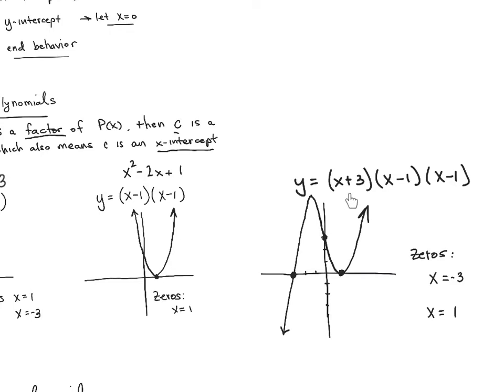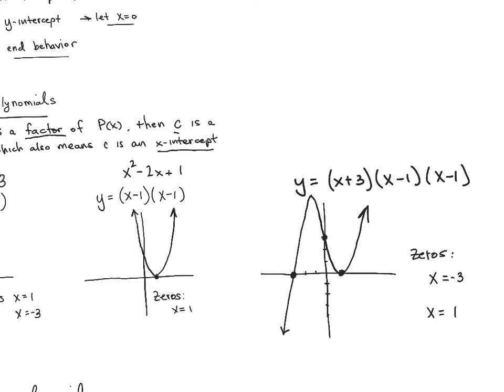One of them, x plus 3, is going to produce a zero of x equals negative 3. These other 2 factors are identical factors, x minus 1, so it's going to produce the same zero of x equals 1.